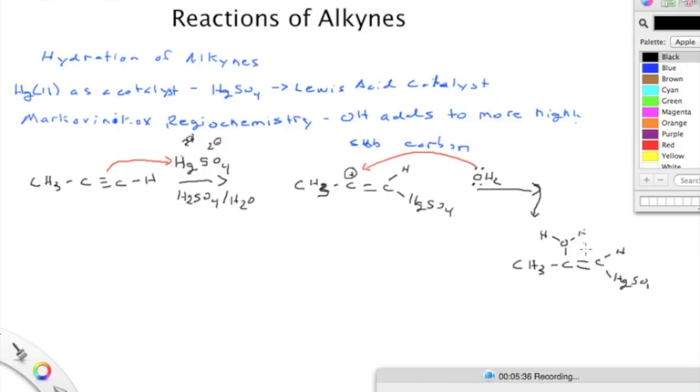That should be SO4 over there. And we now have a plus charge on this guy. Water can come back and get rid of that charge by picking up the extra hydrogen that's there.